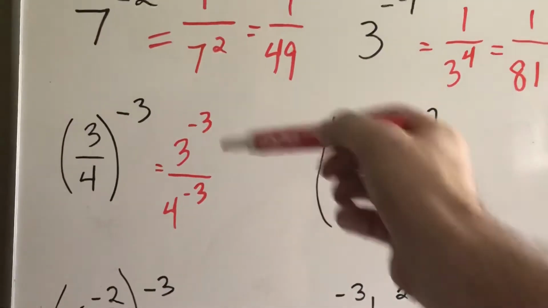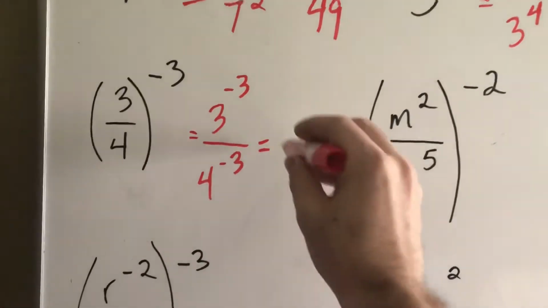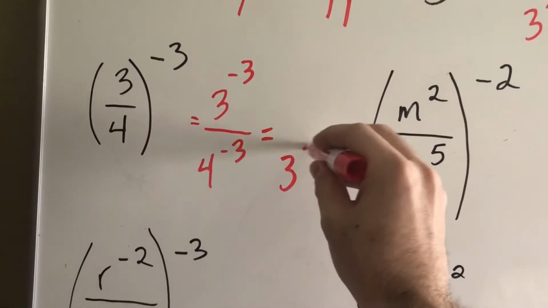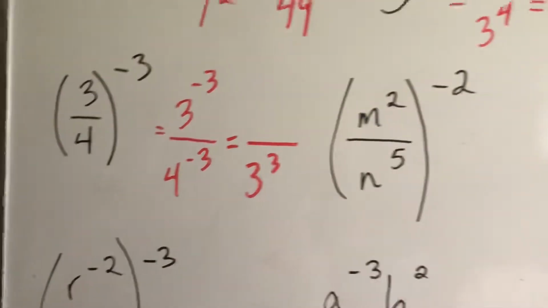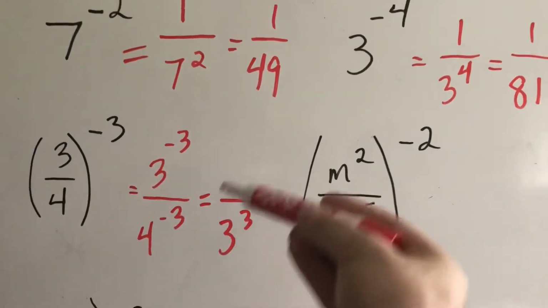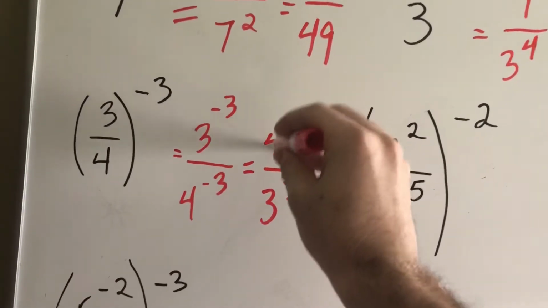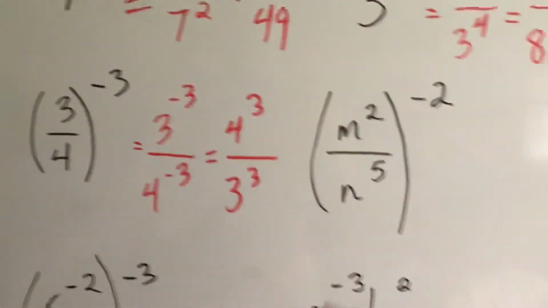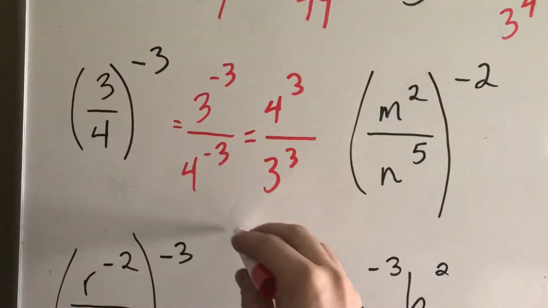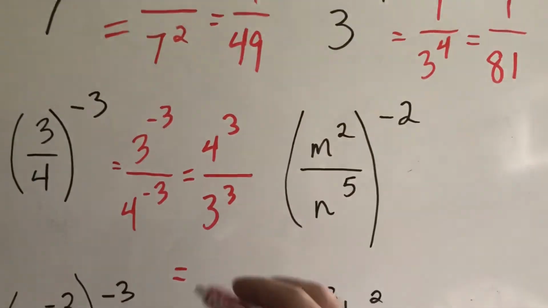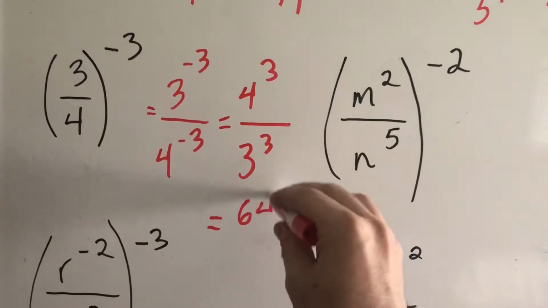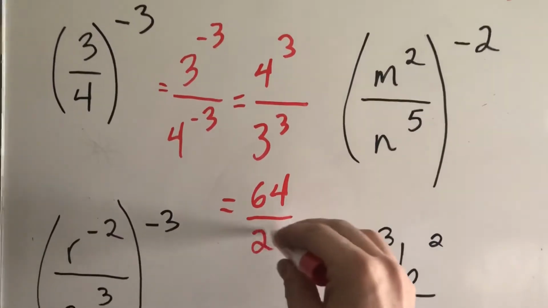So 3 to the negative third is going to move down to the denominator. And 4 to the negative third is going to move up to the numerator. I'm going to write the final answer below right here. 4 to the third is 64, and 3 cubed is 27.